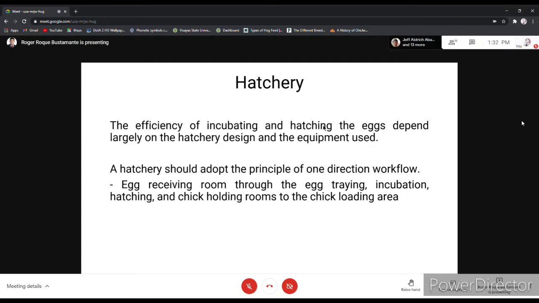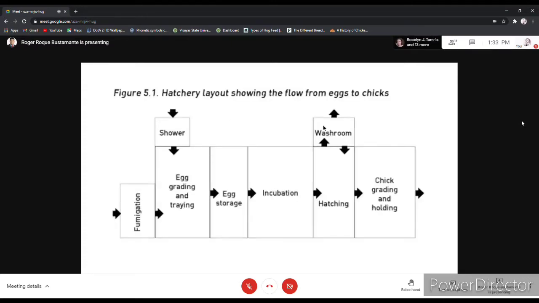I have here the diagram and examples of how a hatchery works, for example, a hatchery layout showing the flow from eggs to chicks. You have there fumigation. It is very important.